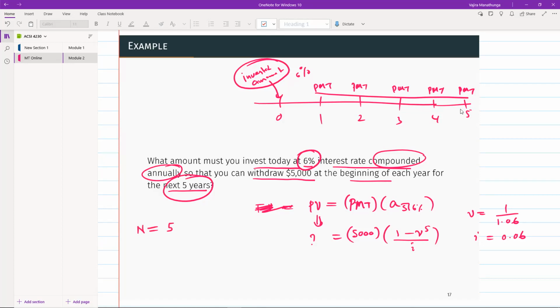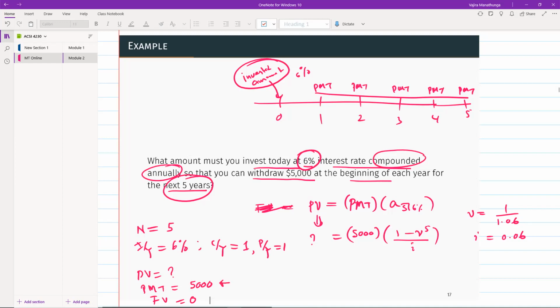N is 5, and then you have to enter the rate I/Y, which is 6%. Then you have to enter compounding per year, which is once. Payments per year is 1. And then you need the present value, that's what you really want to solve. Payment, you know the payment, that's going to be 5,000. And the future value is 0. And then you are solving for present value.